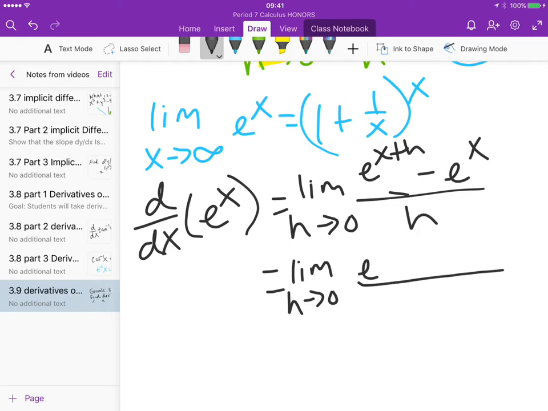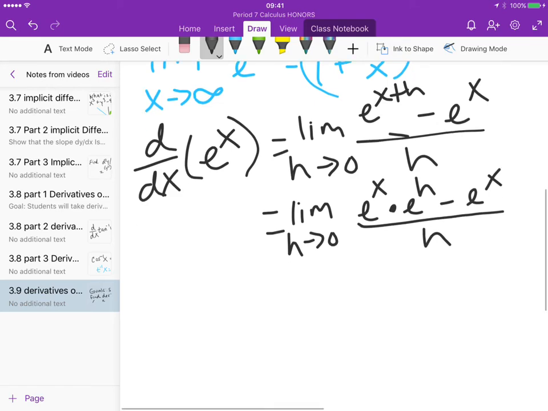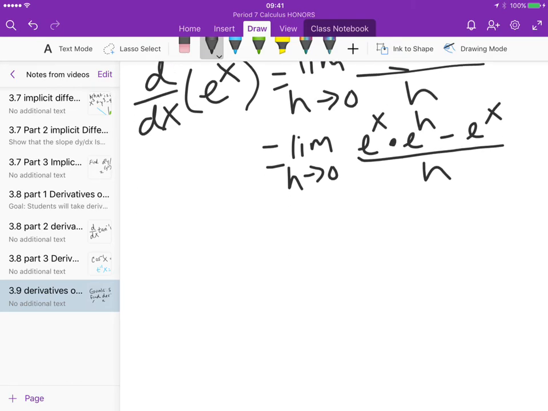We all agree that e to the x plus h is the same thing as e to the x times e to the h. Why is that important to us? Because remember, when it comes to limits, we want to cancel things out and utilize things we know.